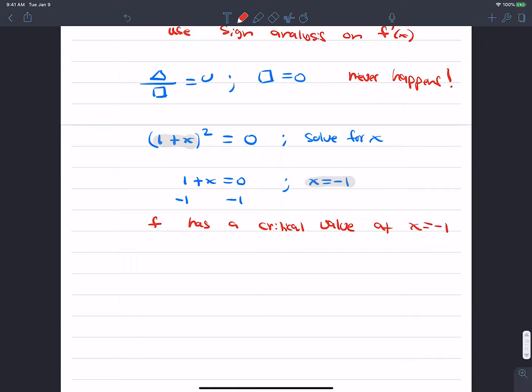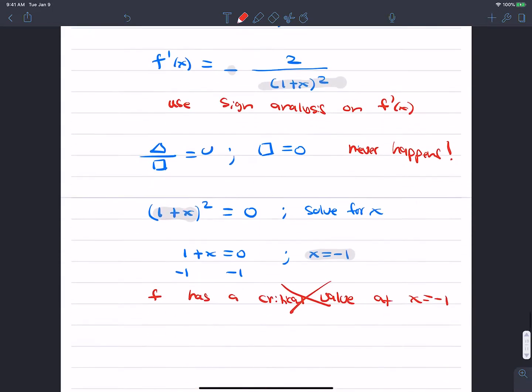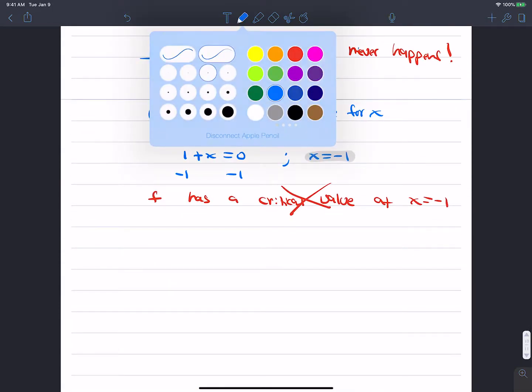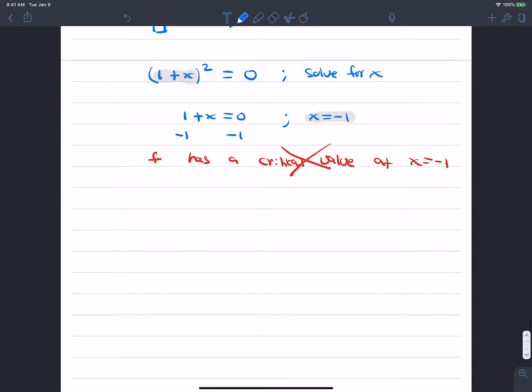Now, is that true? Is it a critical value? Yes or no? I'm going to cross out this word here. Why do I get to cross it out? Because I know we're doing sign analysis, right? Go back here. I know we're doing sign analysis on that first derivative, and in the process of sign analysis, you might just say to me, okay, Mr. Judge, all I do now is in my sign analysis technique, at -1, I know that first derivative is undefined, okay?